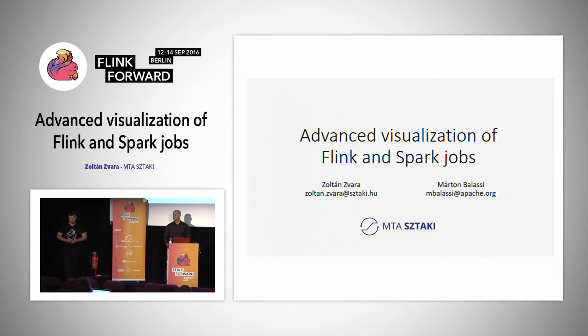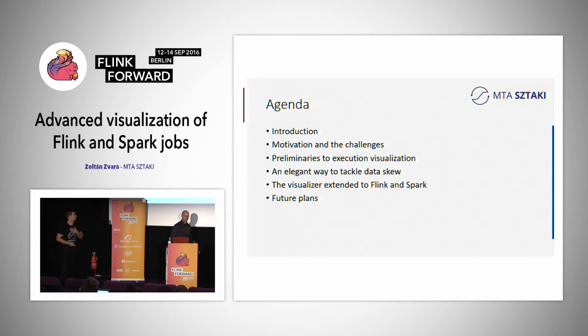So, today we are going to tell you a little bit about a real-world use case and problem that we have been running into with Zoltan at the Hungarian Academy of Sciences, working with industrial partners and trying to figure out their concrete use cases.